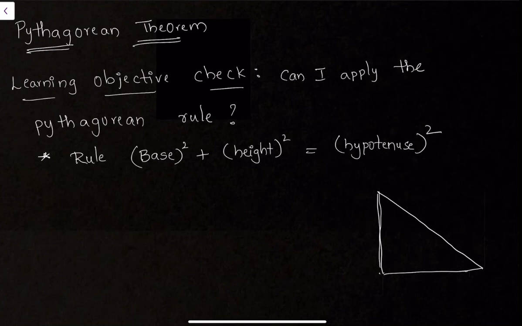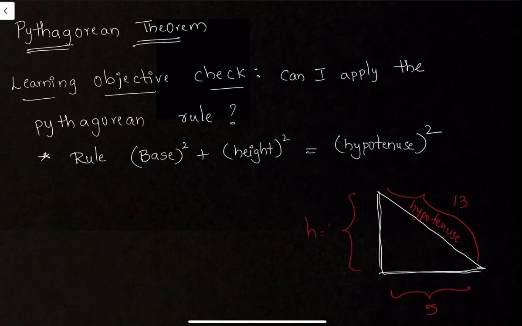So if the question is like this, I will say that the base is 5 and the hypotenuse, you know that this is the hypotenuse, I write here so that you don't get confused, is 13. Then I am asking you what will be the height.